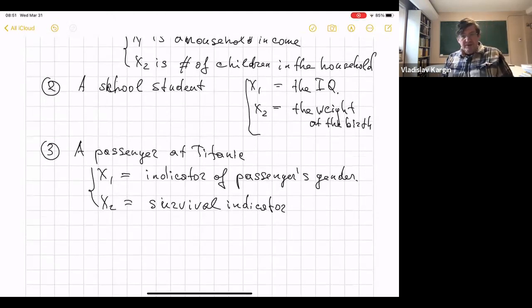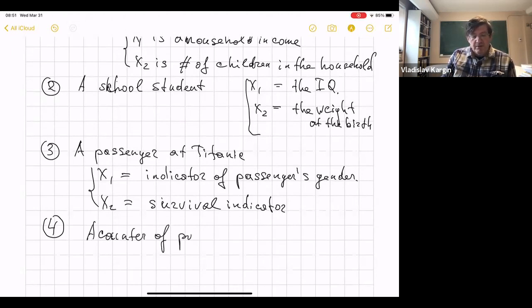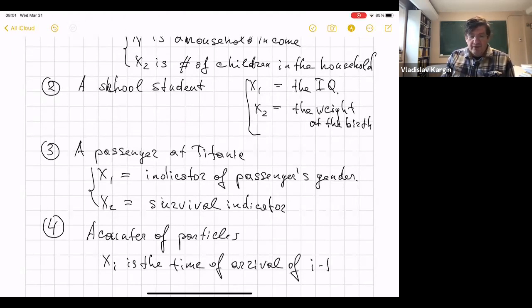In this example we look at just two random variables, but in principle it could be more. For example, maybe you don't know how many random variables you want to look at. You can look at a counter of particles, as before, and say that xi is the time of arrival of the ith particle.